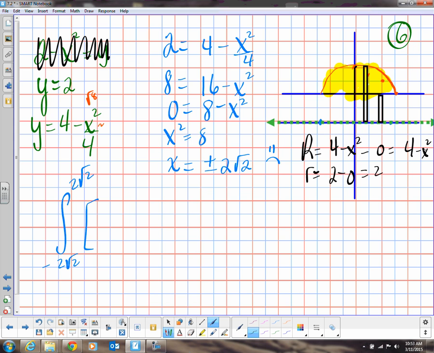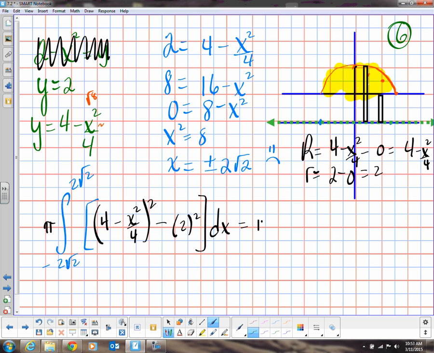So this is going to be 4 minus x squared over 4 quantity squared times your pi, right? And from that, I'm subtracting my other radius squared dx.